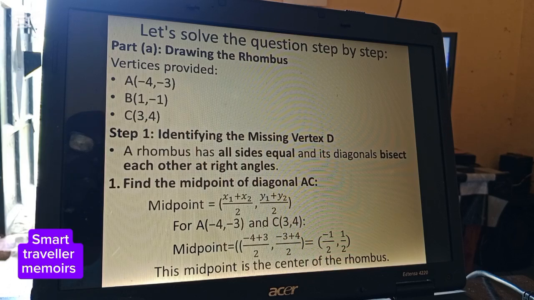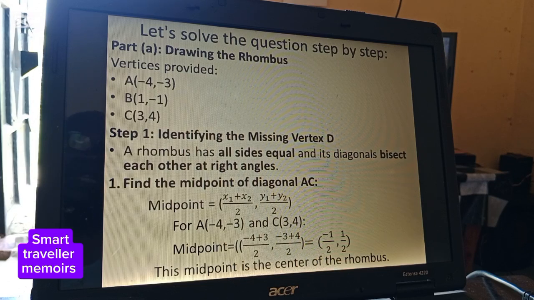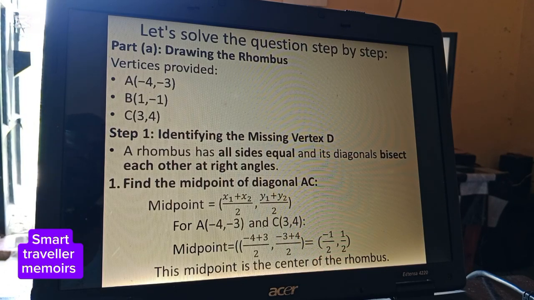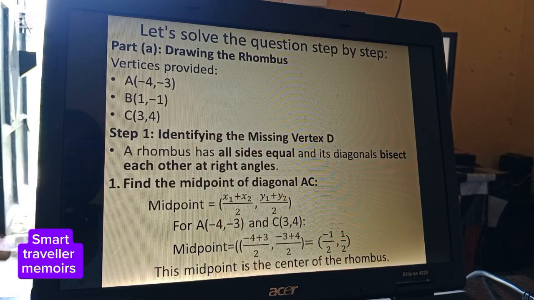And you find that using the midpoint expression. If you are given two sets of coordinates, (x1, y1) and (x2, y2), this is the way you get the midpoint: (x1 + x2)/2 and (y1 + y2)/2.